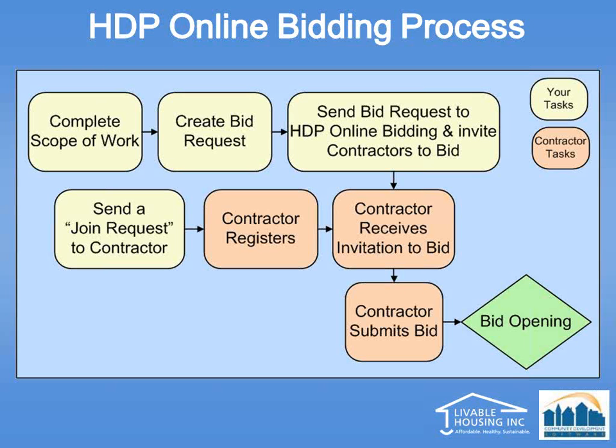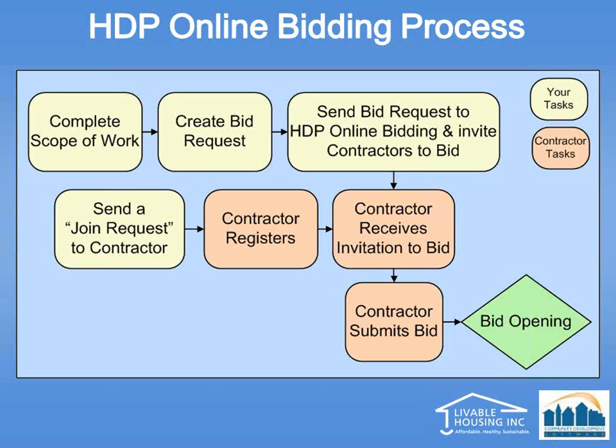We call this sending them a join request, and that is asking them to join HDP Online Bidding for your organization. And this is a very simple thing. They get an email with instructions of how to register. It doesn't cost the contractors anything to join.